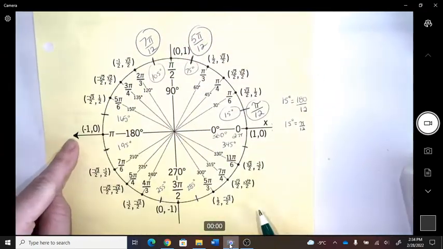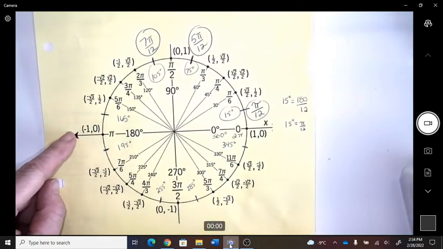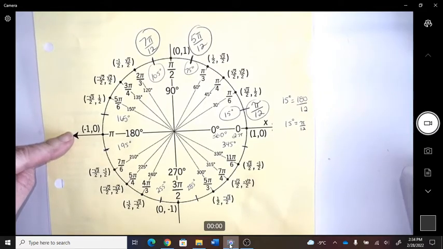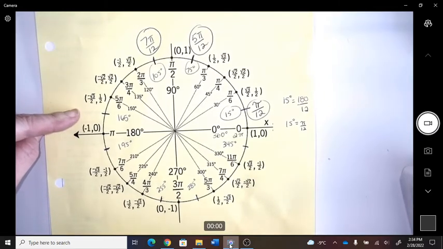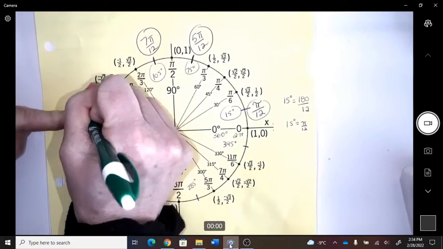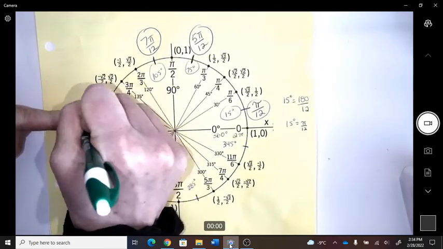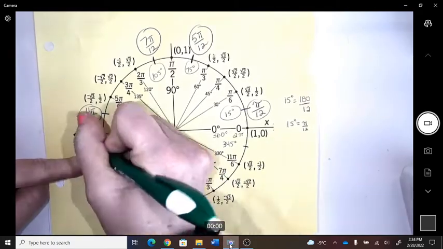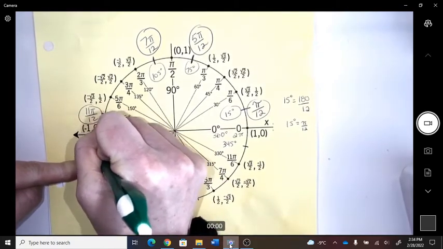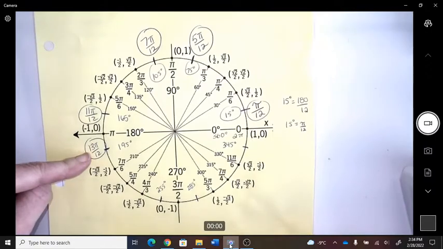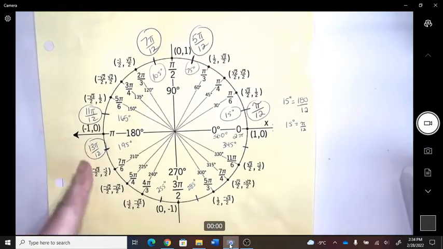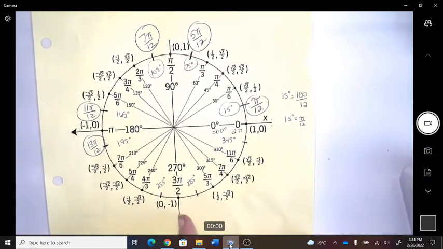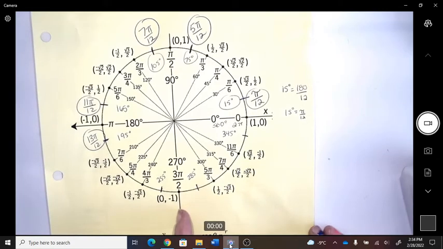Okay, we said the flat way over here, right across, is 12 over 12. So 165 is 11 pi over 12. And then 13 pi over 12. If I was straight on the bottom, what are you going to have there? 18, right?